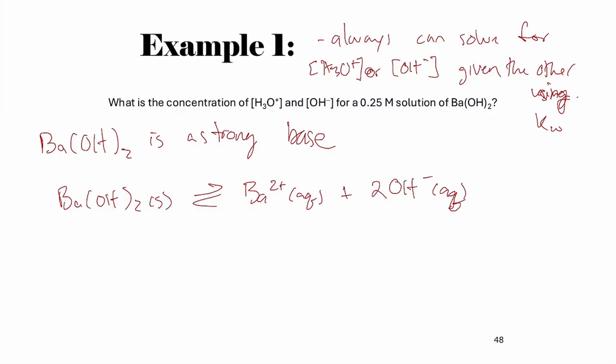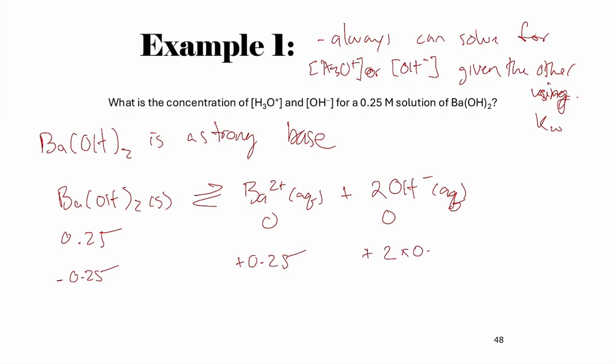Right, we could do an ice table if we want for this. We don't necessarily have to, but we can. We're given what the change is going to be here, because we know this completes 100%. So we start off with 0.25 molar of this, we lose 0.25. We start off with 0 of this, plus 0.25. How much do we get of the hydroxide in solution? 2 times that, right?